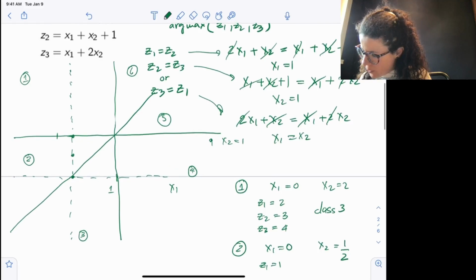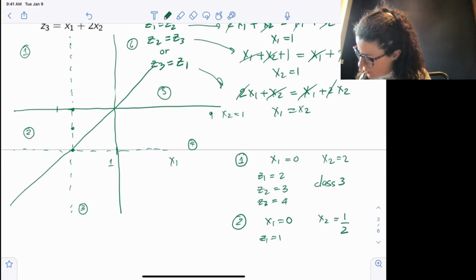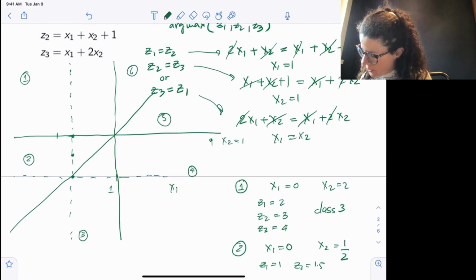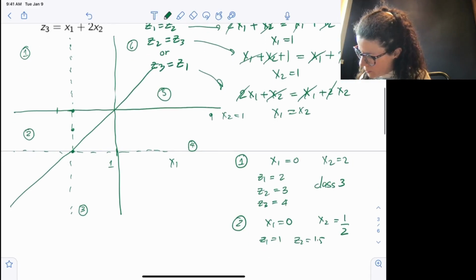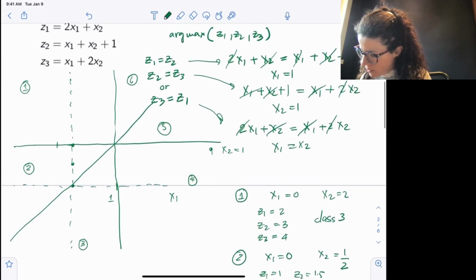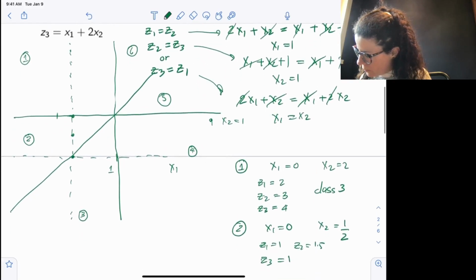So in the other one we have 1.5, z2 is equal to 1.5, and in the next one we got z3 equal to 1, because it's 2 times x2. So in this case it looks like we have class 2.